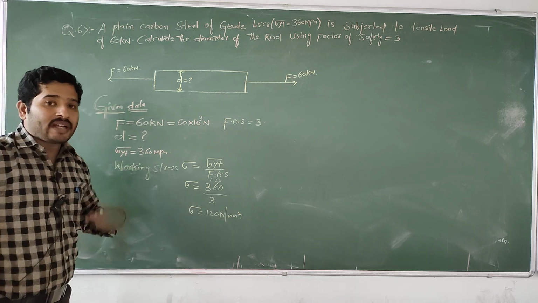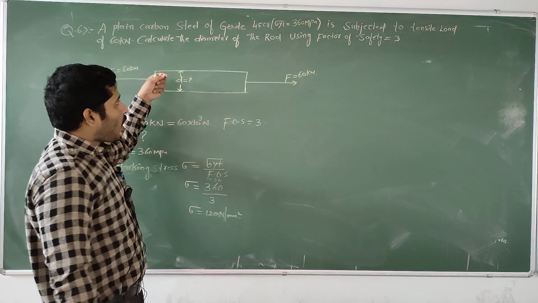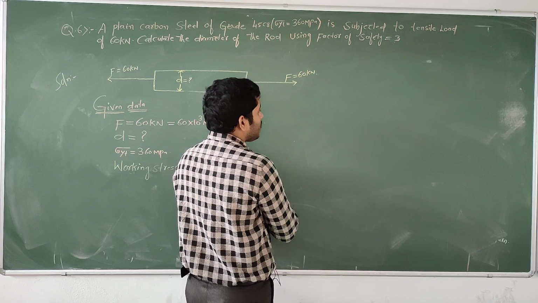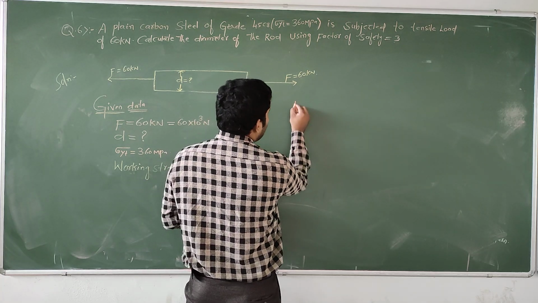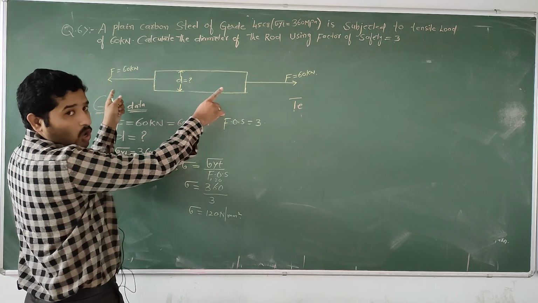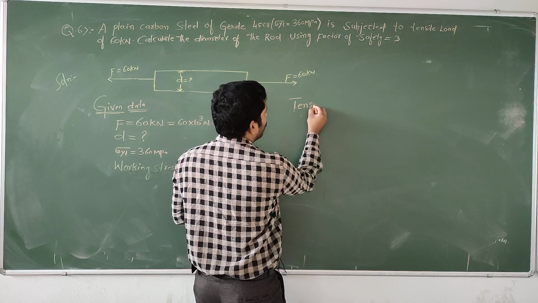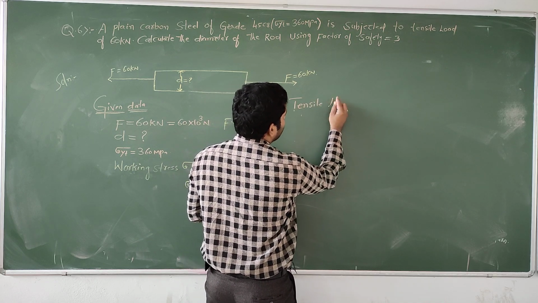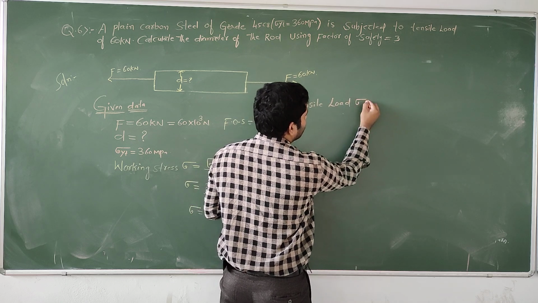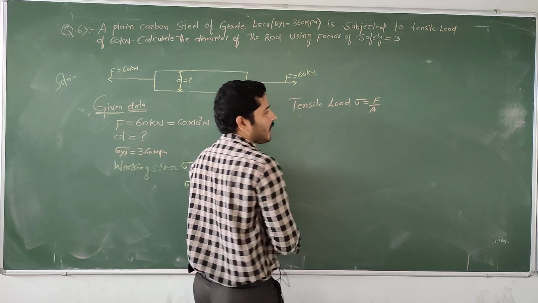So I found the value of working stress. But actually our intention is to find out the diameter of the rod. Then we use the formula of the tensile load, because the tensile load is acting on this rod. Stress is equal to force per unit area.